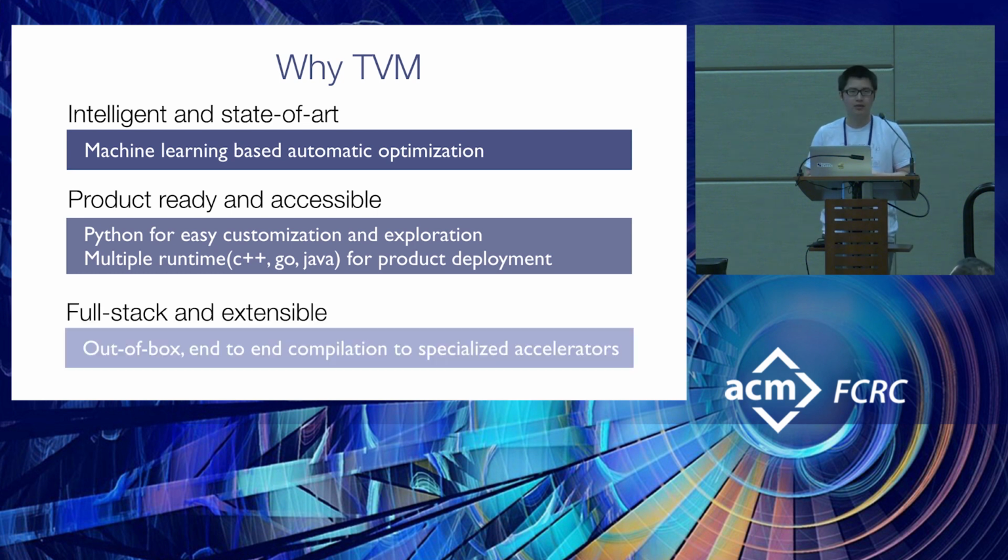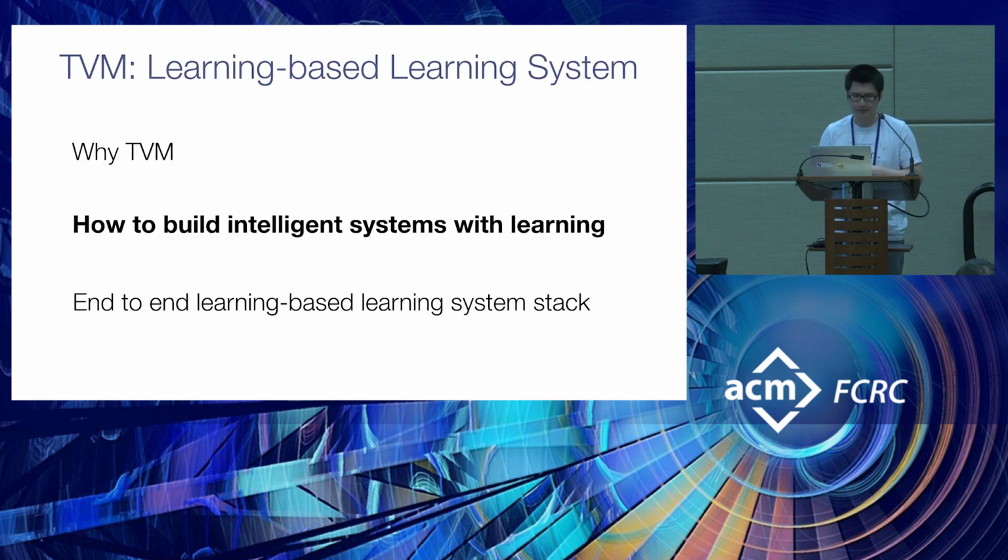And finally, TVM is a full-stack and extensible approach. That means it's not only a solution for the compiler, it's a solution that jointly combines model optimization, compiler optimization, code generation, and hardware design, so that you can hack across the stack and try to innovate across the stack.